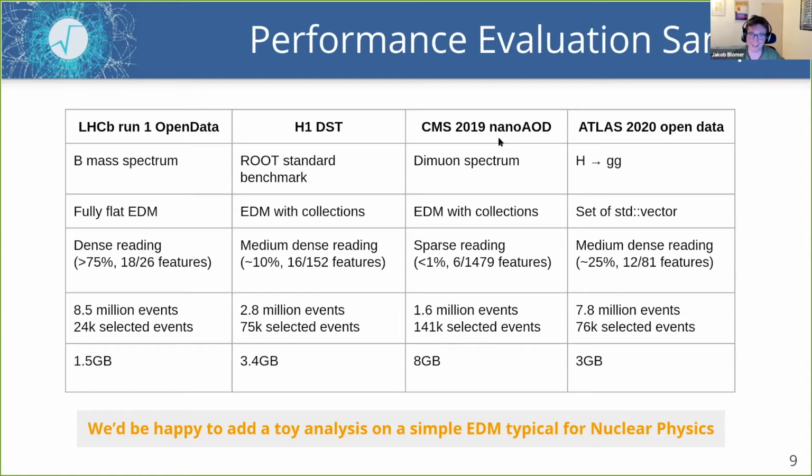We'd be happy actually to add a few more. We have made the experience that it is not easy to find a good benchmark. It's not only about a dump of data, but you need to have some data in a simple EDM that comes with a toy analysis that tells you something, yet is simple enough to write in an afternoon in a few different variations.